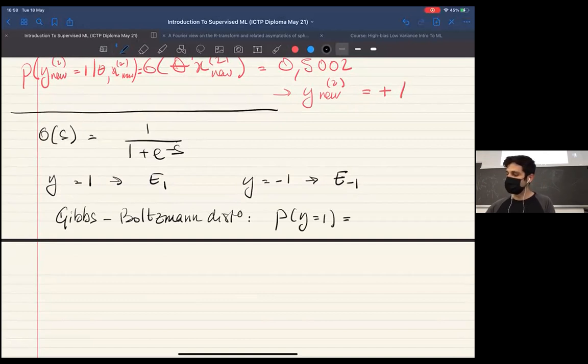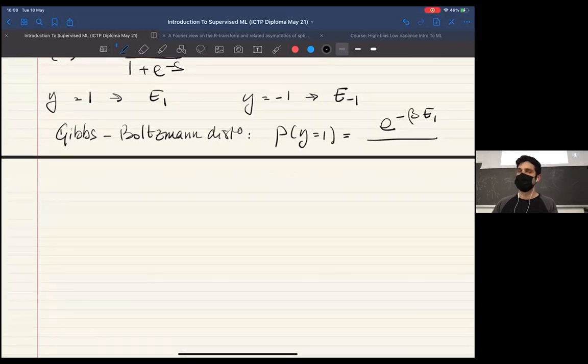It will be exponential minus the energy. Let's say the temperature is 1, but you can put a temperature if you want. Let's say exponential minus beta E1 over the partition function, and the partition function is the sum over all possible states of the exponential minus beta times the energy.